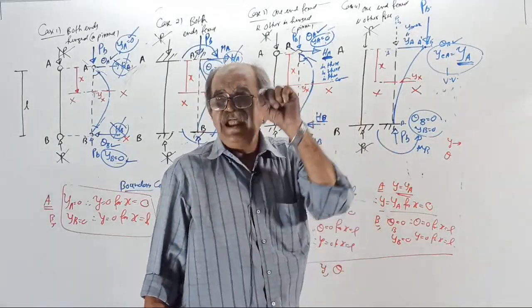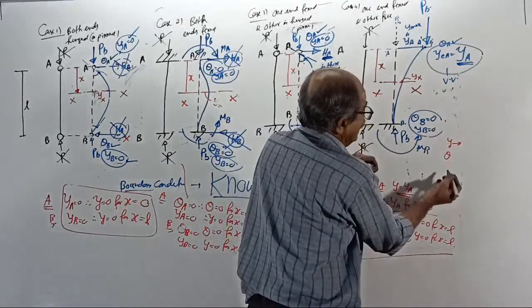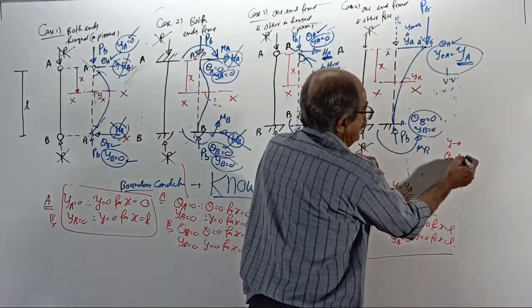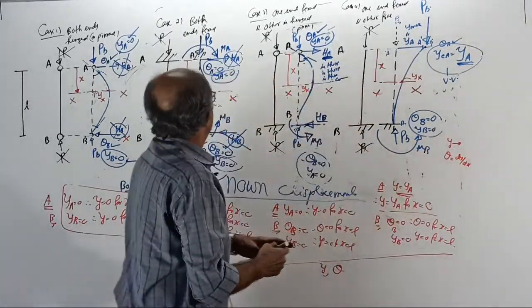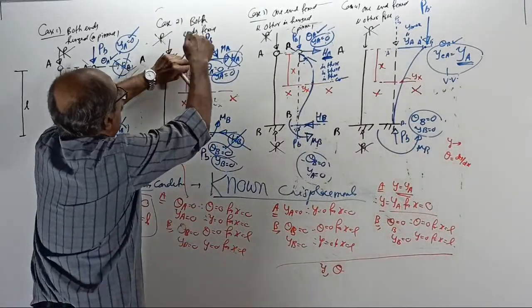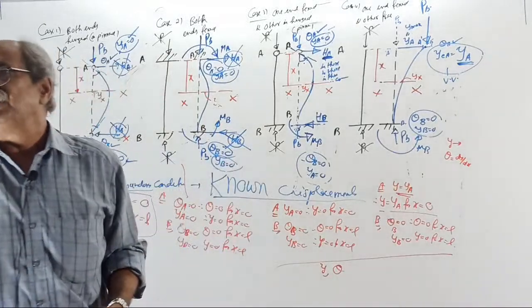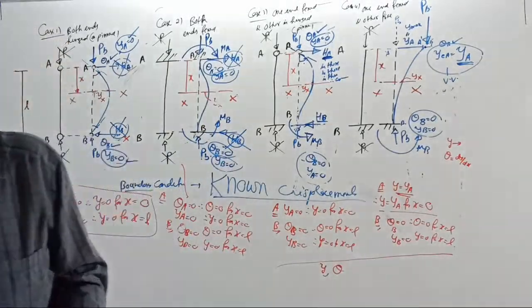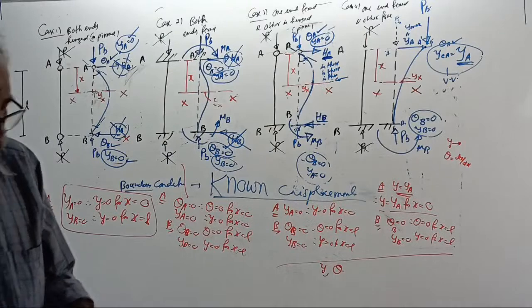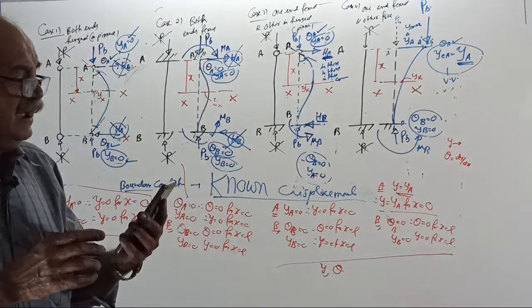Then if a theta condition is there, I will use it next, since theta equals dy by dx. So when I solve this question, I will write Y equal to 0, then I will make theta equal to 0. Clear? Because theta comes after Y, dy by dx.